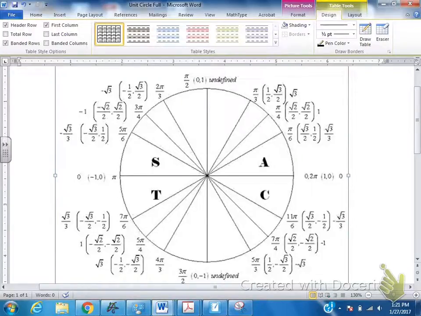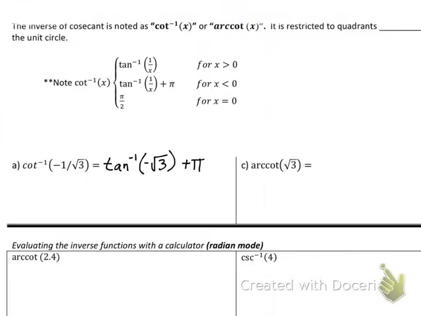So you could say this equals 5 pi over 3 plus pi, but instead of writing pi, I'm going to write 3 pi over 3, just so I have the common denominator, which would equal 8 pi over 3.